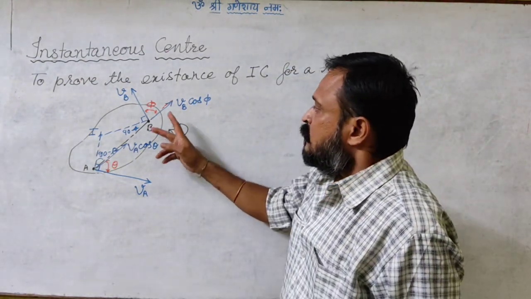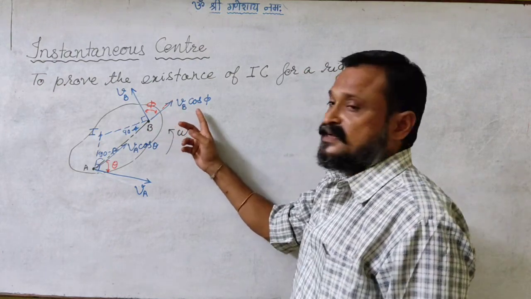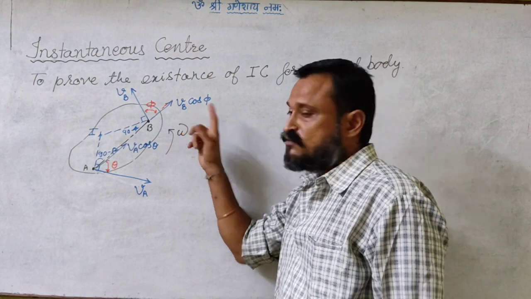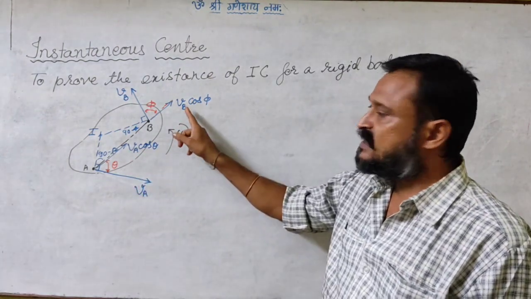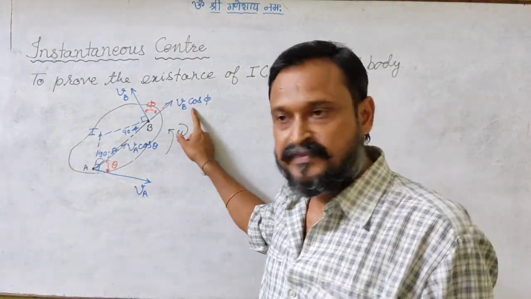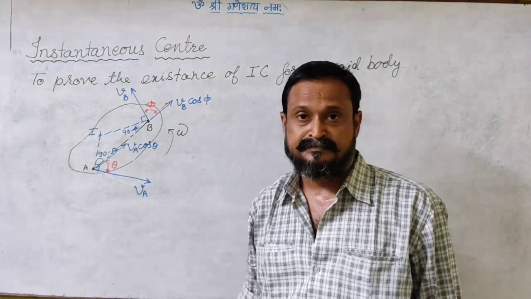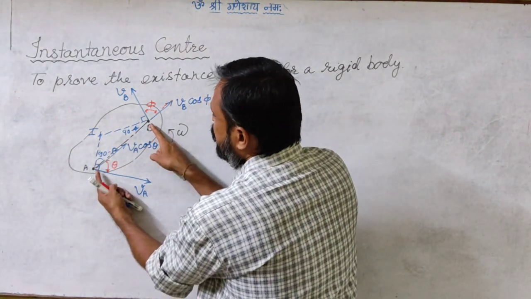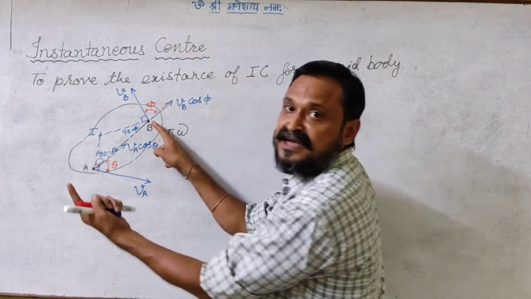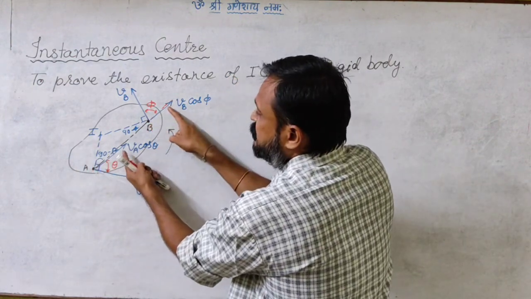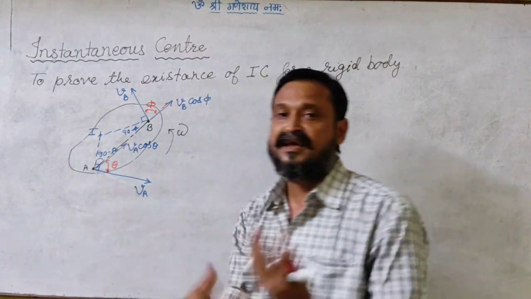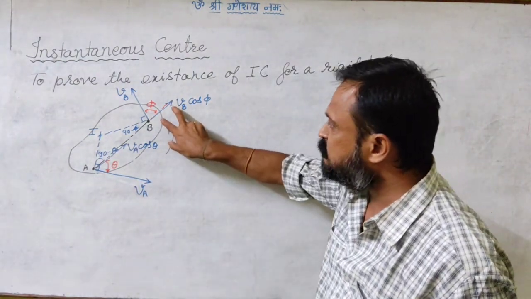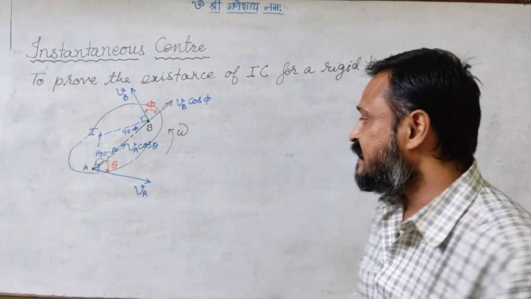So I can say these two components, VA cos theta and VB cos phi, will be the same, because after some time delta t, the displacement of B and A along the line will be the same. That means these components along the line are the same.